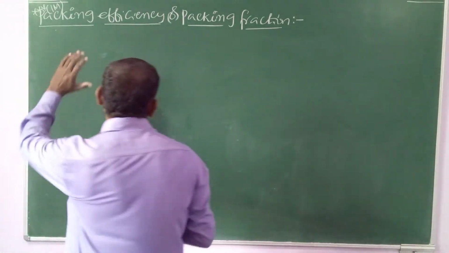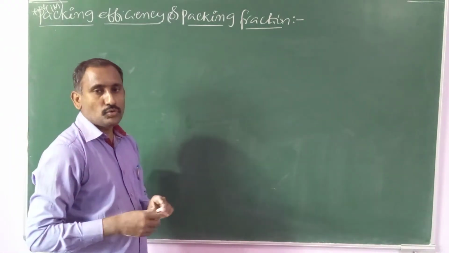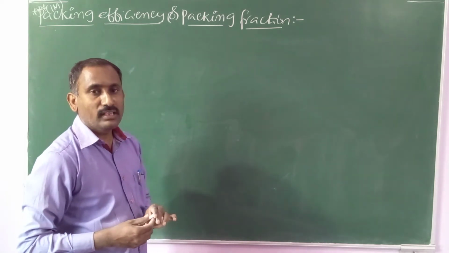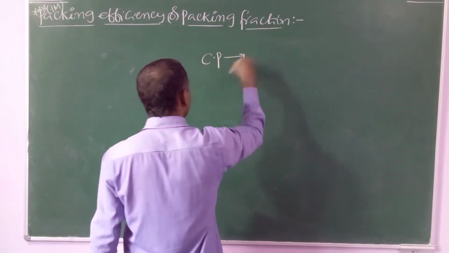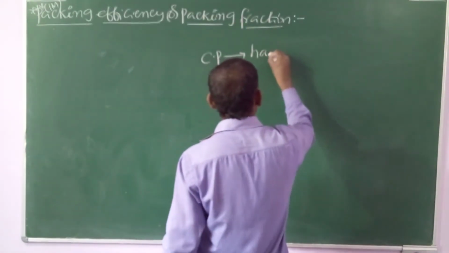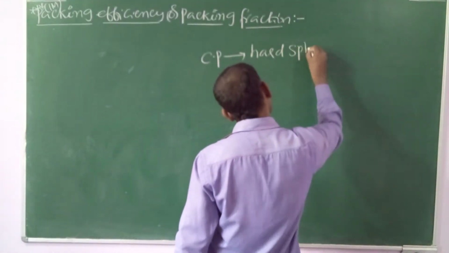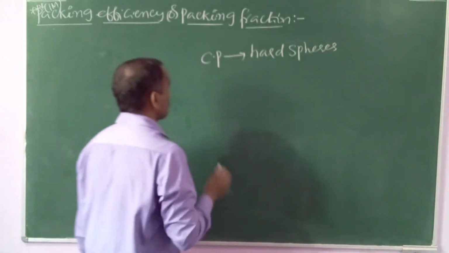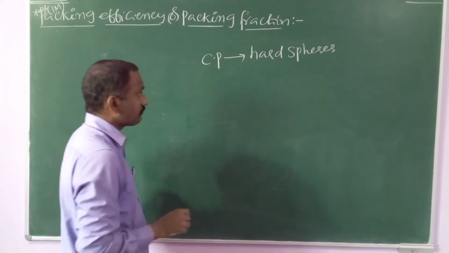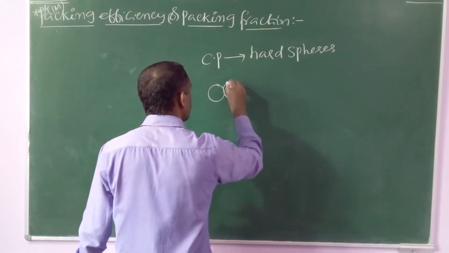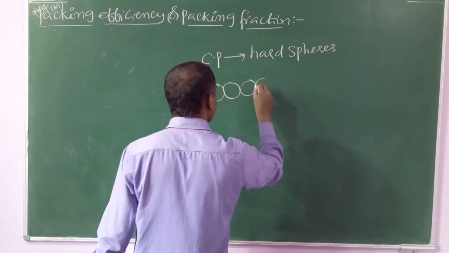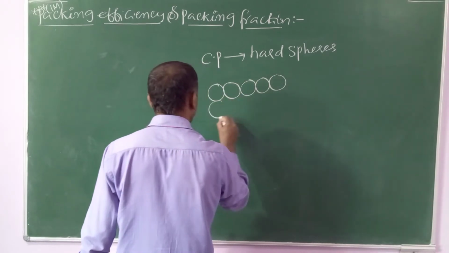Now I am considering one crystalline solid. In any crystalline solid, all the constituent particles, according to the last class, we assumed as hard spheres, are closely packed like this.